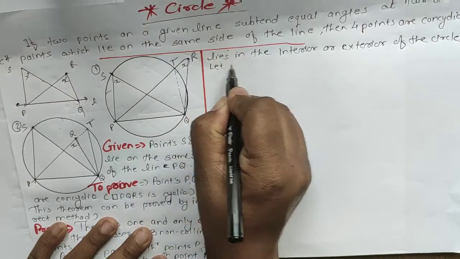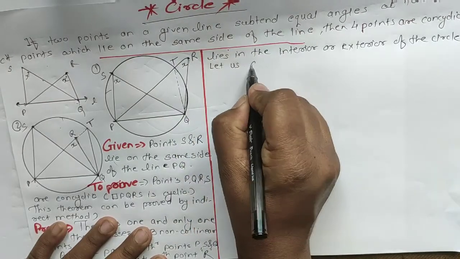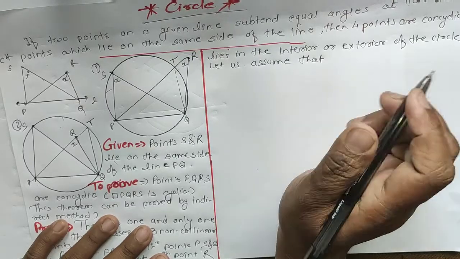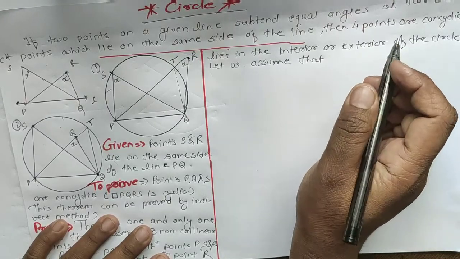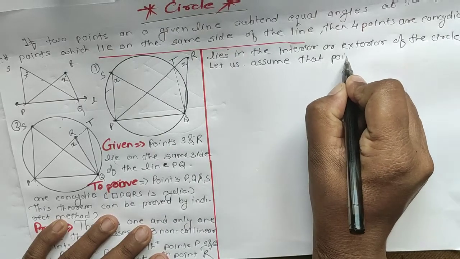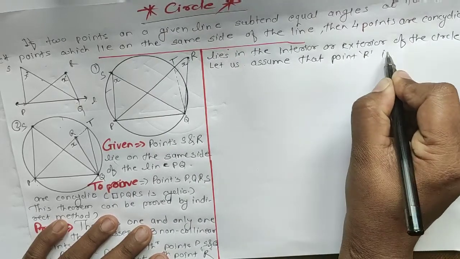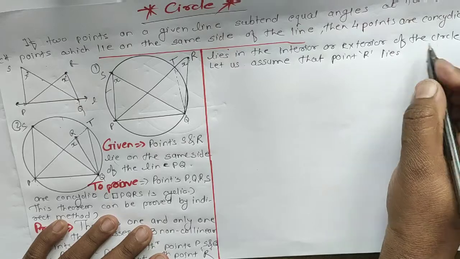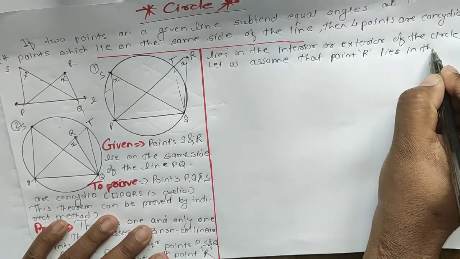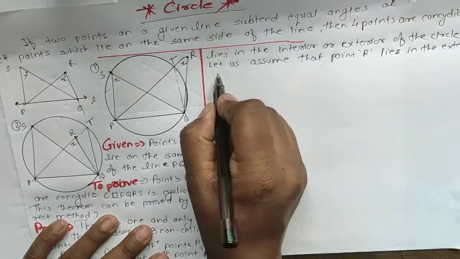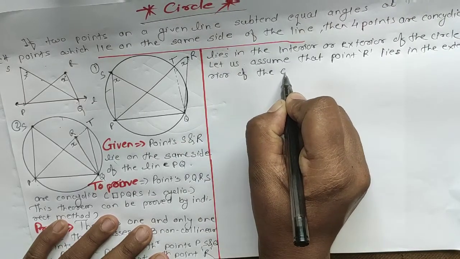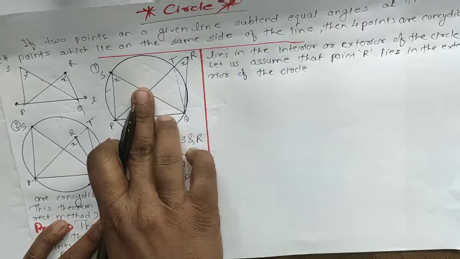So let us assume, as the first condition, that point R lies in the exterior of the circle. Okay, this is the first condition.